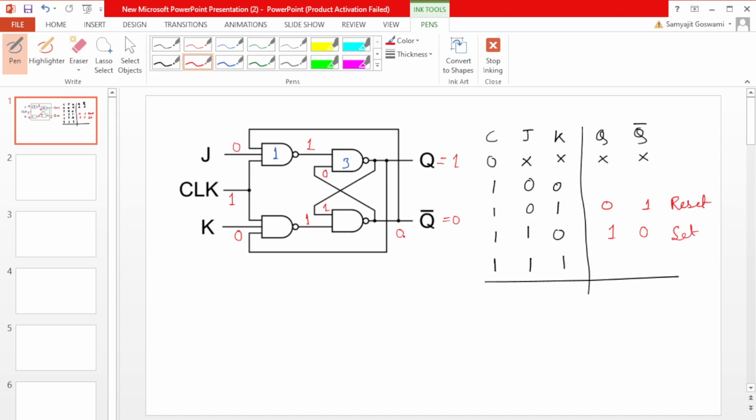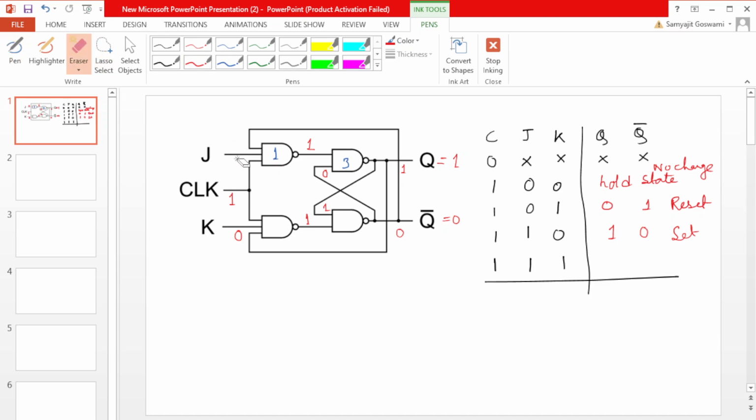So previously Q bar was 0 and Q equals 1, and after applying this value, again Q bar equals 0 and Q equals 1. That means this is the same previous state. This is called the hold state, or no change of the previous output.